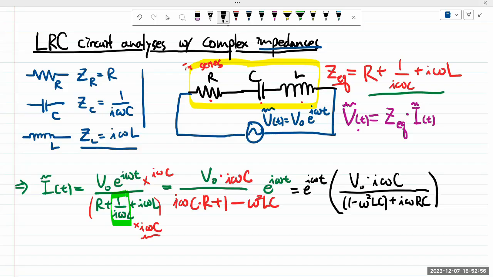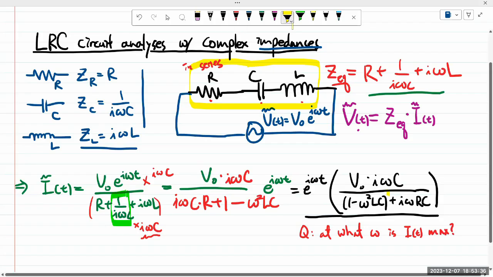As you look at this expression, you can get some things just by staring at it. One question that you can actually answer by staring at the expression is: at what angular frequency is current maximized? And if you're thinking, this is such a complicated expression, how could you get that by simply staring at it? I focus on the part where I see potential for cancellation.